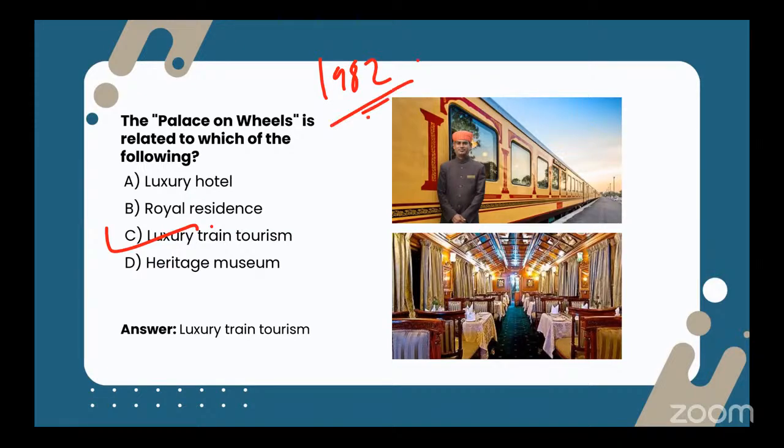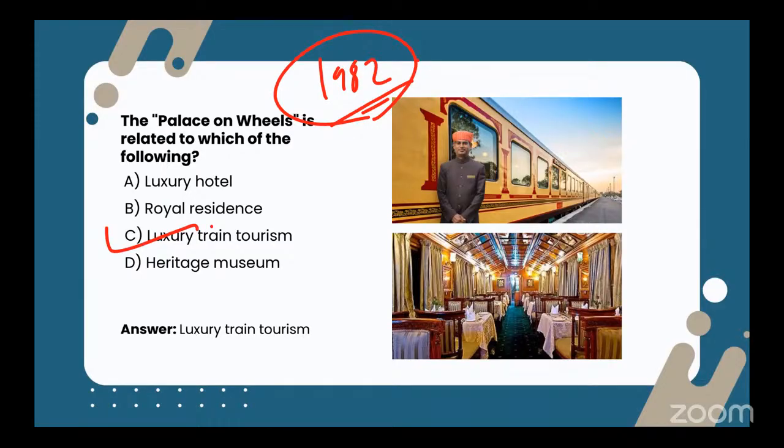The idea behind this train was to recreate the grandeur of the royal train coaches. Earlier, the kings ruling the princely states traveled in royal style. In the train itself, everything would be provided, from the beds to the dining, even the ballroom.